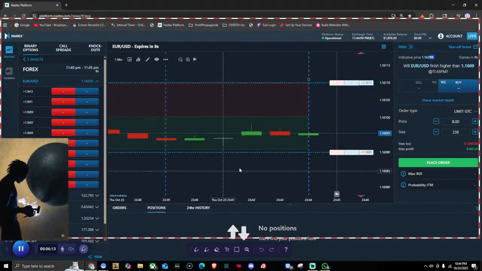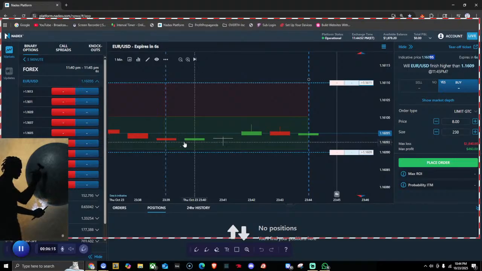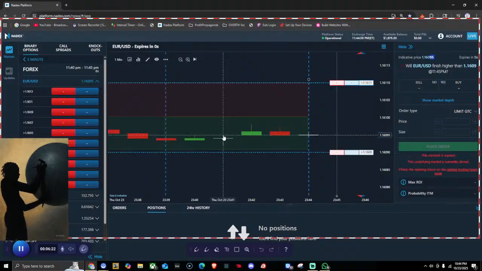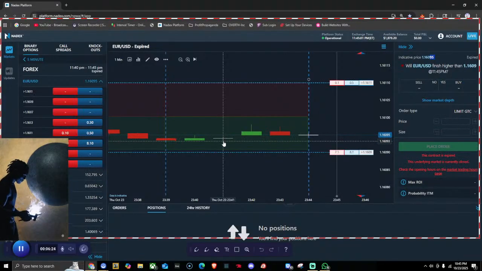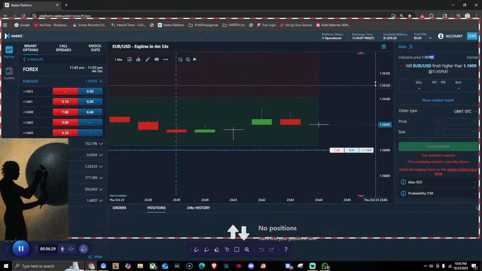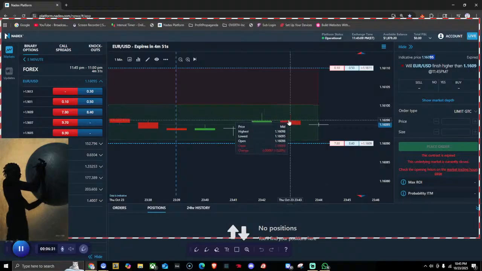So I would like to see this market move down just a little bit. It's right in the middle of that buy. I'd like to see it a little bit lower inside of that buy, and then confirm itself that way.